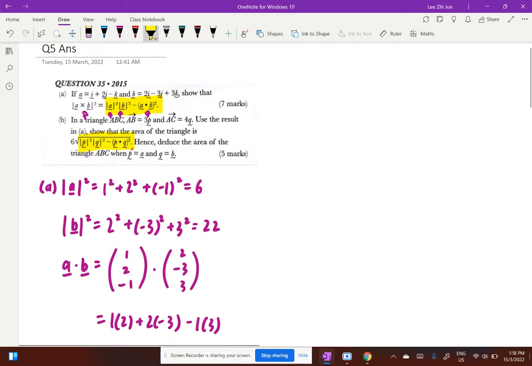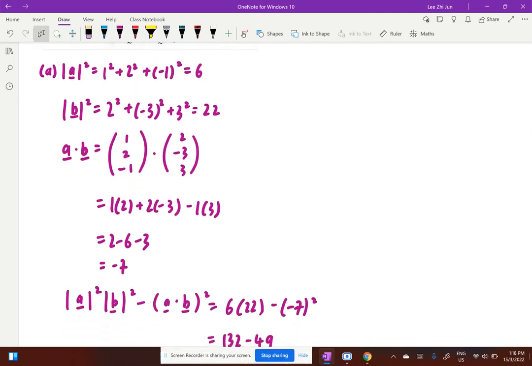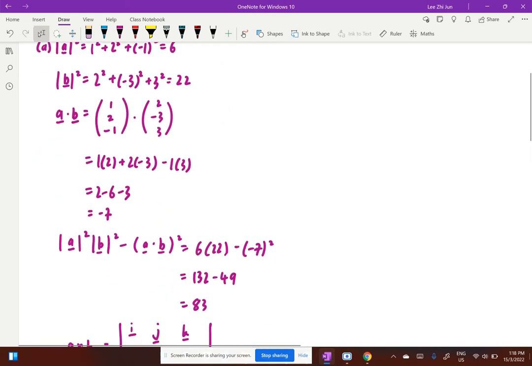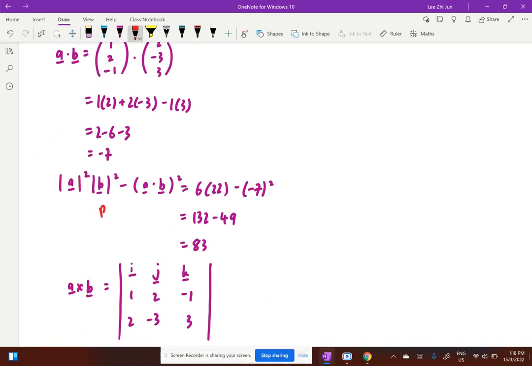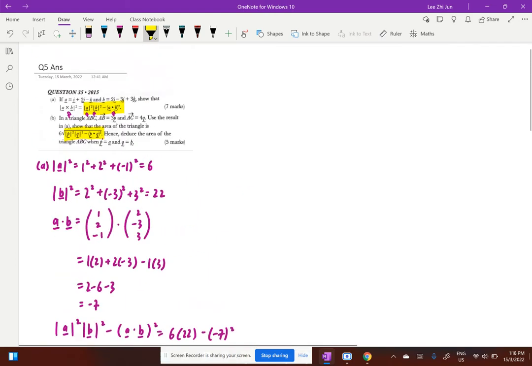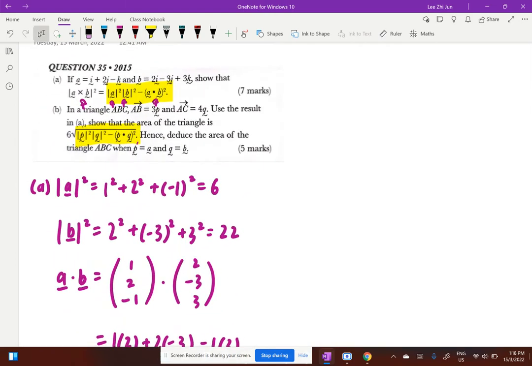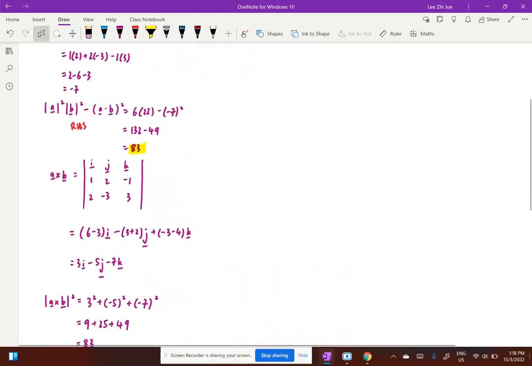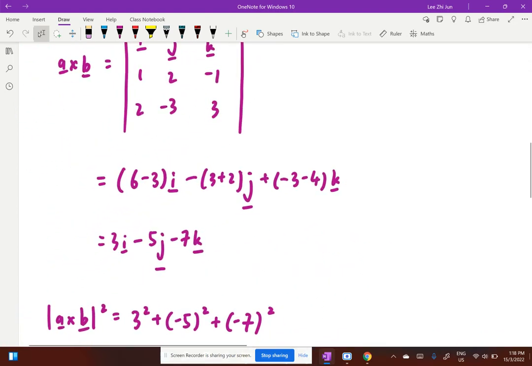So I will get A squared, no need the third component, straight away get 6. The B squared equals 22. The dot product will be negative 7. So for the right hand side, total up will be 83. Next, I find the left hand side. The cross product is 3i minus 5j minus 7k.